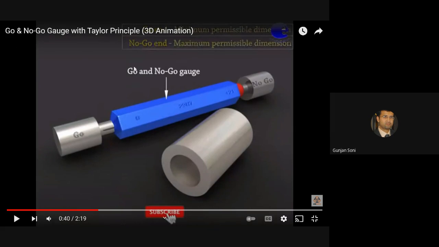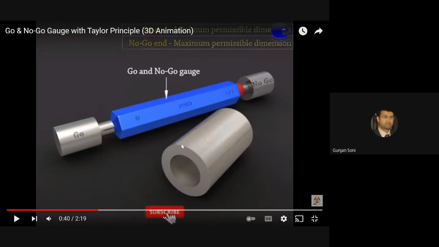Now, what you see over here is the go side and the no go side. The one that you see on the screen is called a plug gauge, because you're going to test the size of, I mean, the size of a hole.